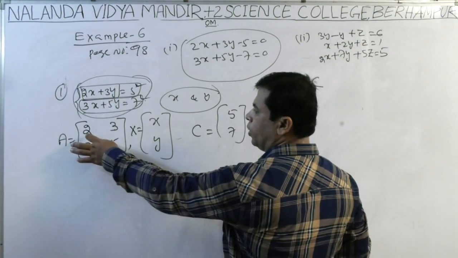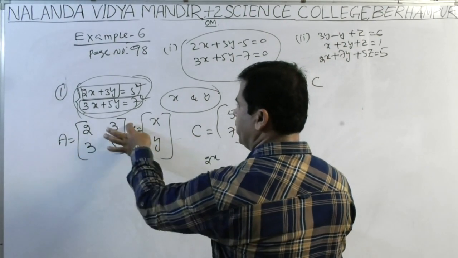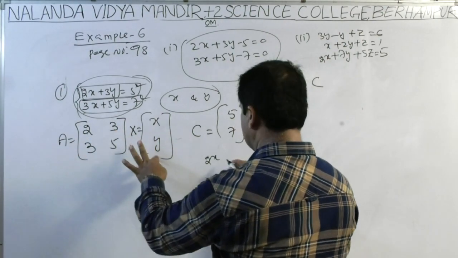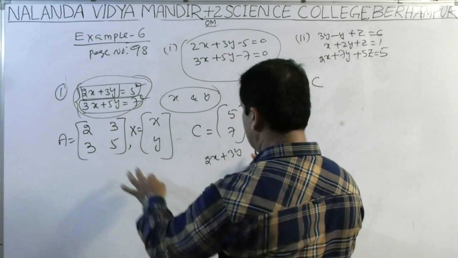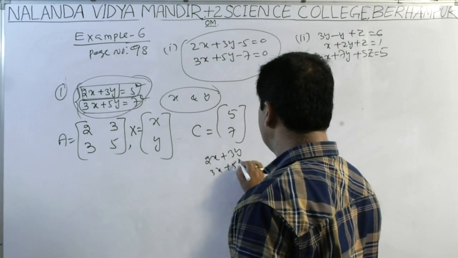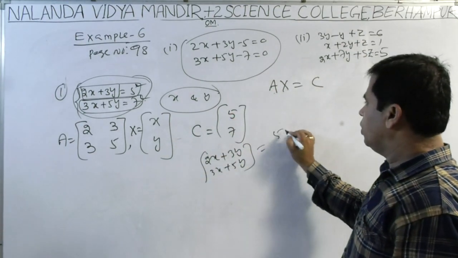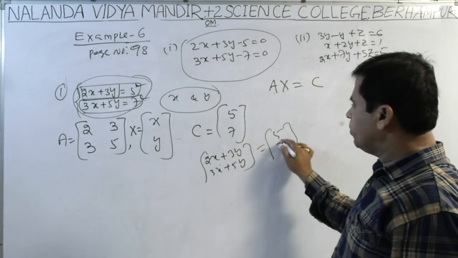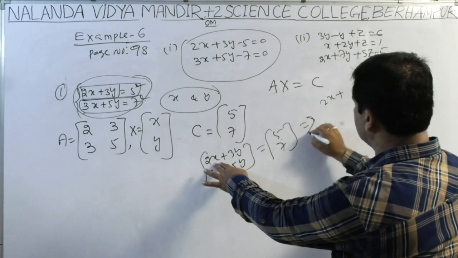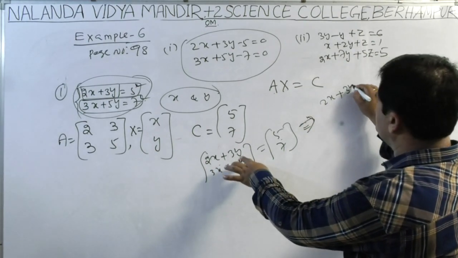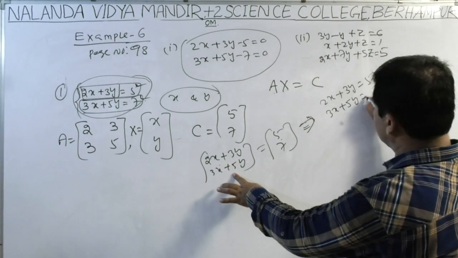Here we see 2 into x is equal to 2x plus 3 into y, first row 2x plus 3y, then 3x plus 5y. If A into X is equal to C, that is equal to 5, 7. If these two matrices are equal, this implies 2x plus 3y is equal to 5 and 3x plus 5y is equal to 7.